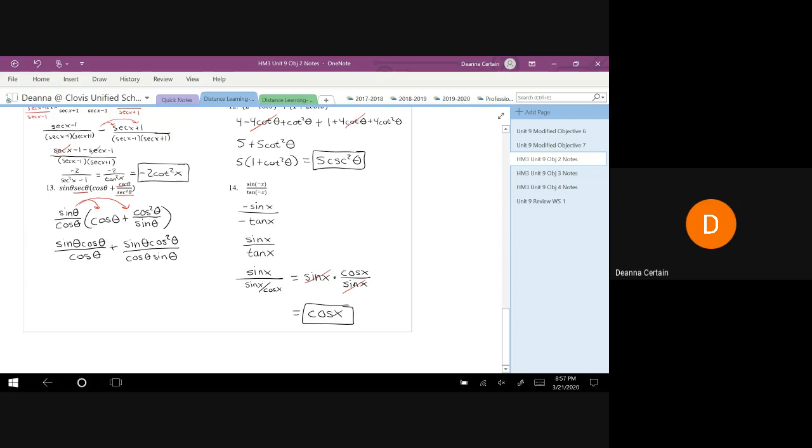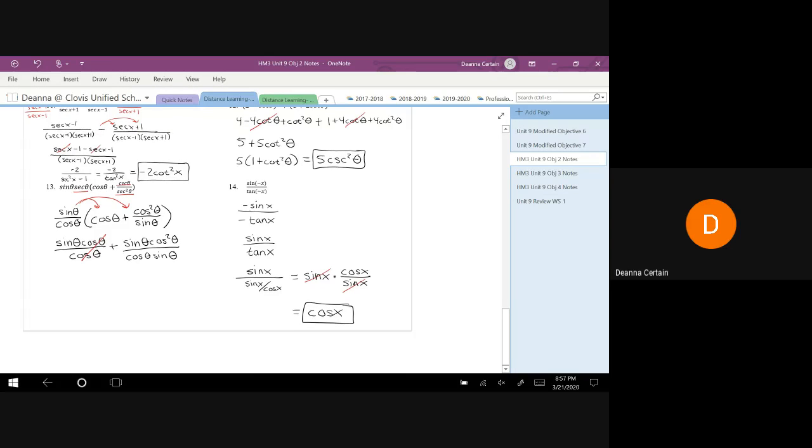Looking at this, okay, so what else could happen here? Well, a lot of simplification could happen. The cosines could simplify. I've got some sines that could simplify. And a cosine with one of these two cosines could simplify, which leaves me with sine theta plus cosine theta.